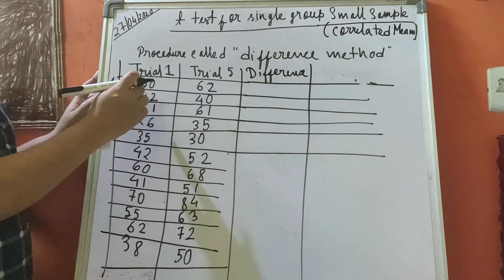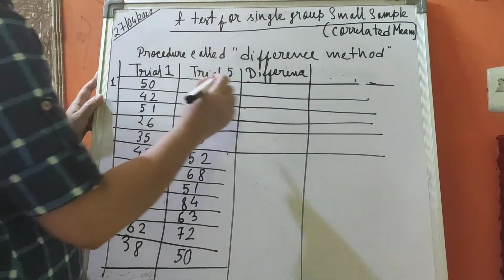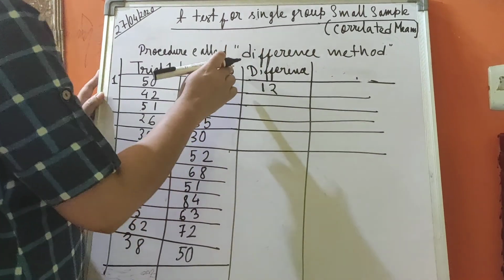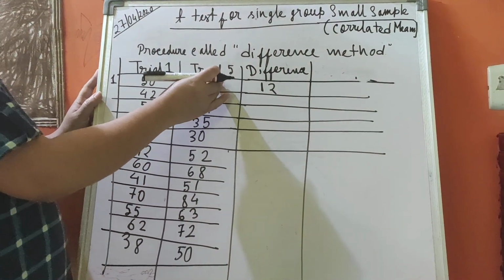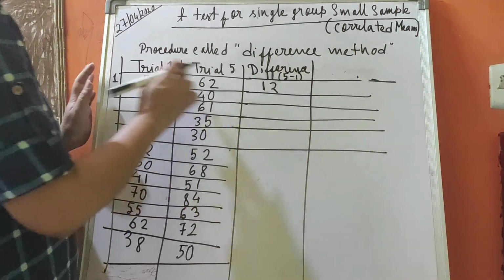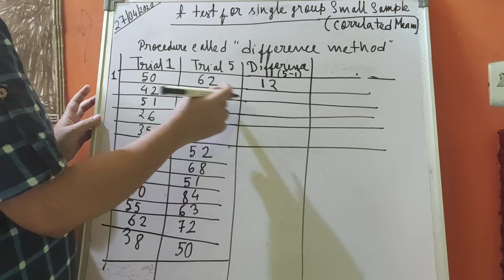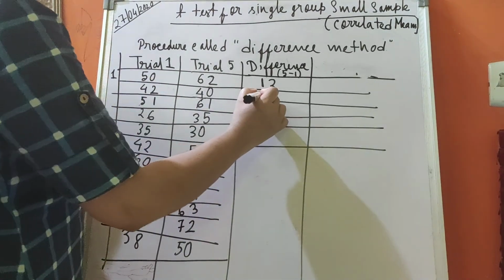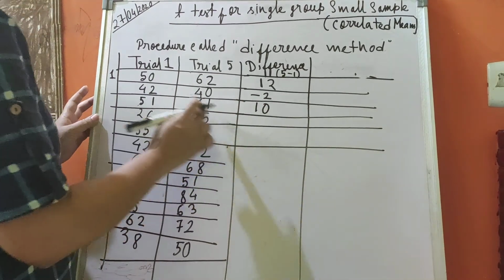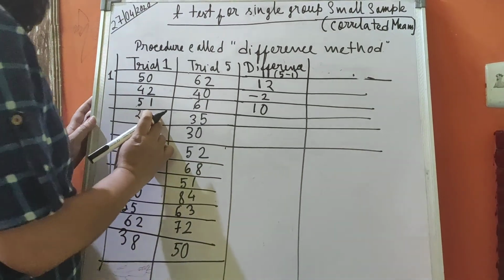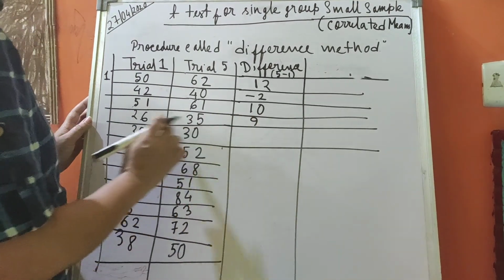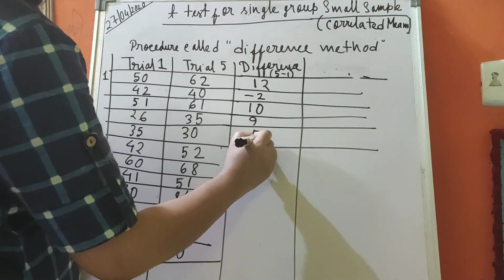We take the score of trial 5 minus trial 1. So 62 minus 50, that's plus 12. 40 minus 42, minus 2. 61 minus 51, plus 10. 35 minus 26, that is 9. 30 minus 35, minus 5.